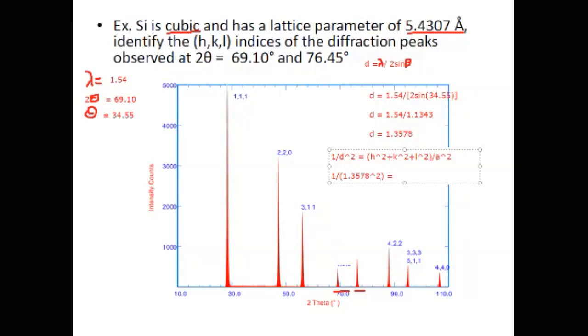equals, let me copy and paste. There we go, divided by 5.4307 squared. So again, we're doing all this to determine what the HKL index is for this 2 theta position.